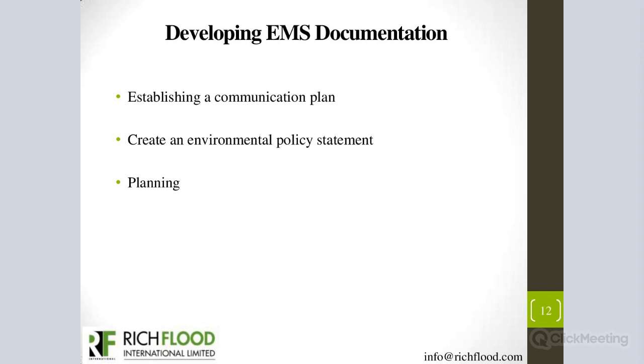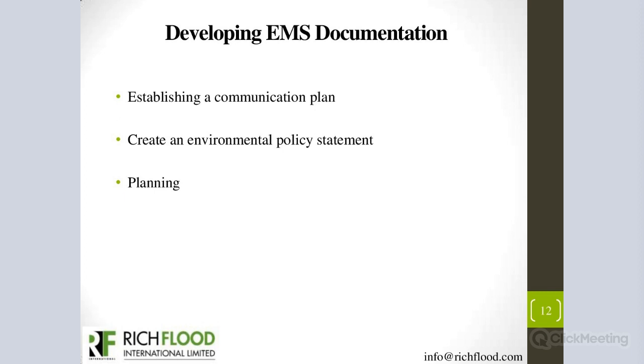And finally, at this step 2 of developing the EMS is planning. Planning is very important. It is during this stage that you formulate a plan to fulfill your environmental policy, and this plan will involve identifying environmental aspects of your company.